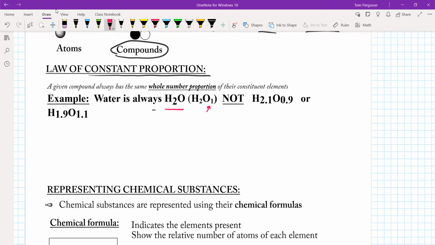It's not wrong if you put the 1 down there though. For your consistency, if you'd like to do that, that's fine. All right, however, it's never, no exceptions, 2.1 or 0.9. It's always an integer, always. And that's what they mean by constant proportion. Constant as an integer, whole number, not a decimal or fraction.